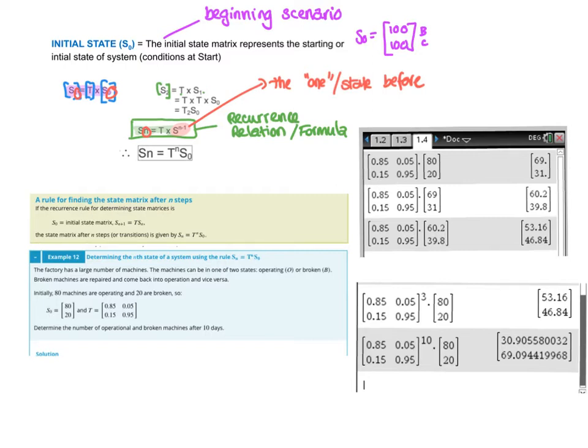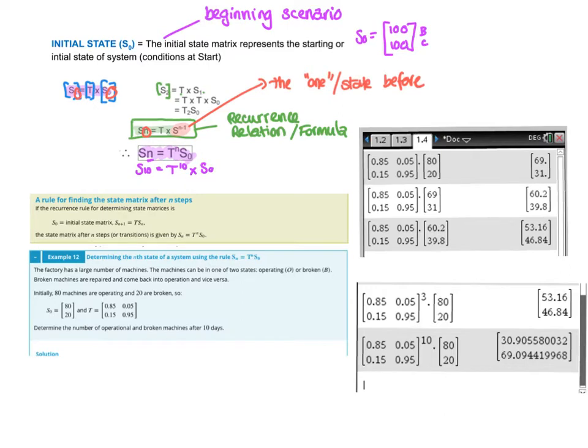So that's when we can use this other formula here to find any one. If I wanted to find state 10, because n is 10, I do the transition to the power of 10 times what originally happened, S0.